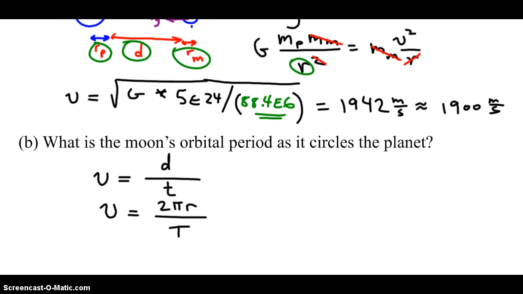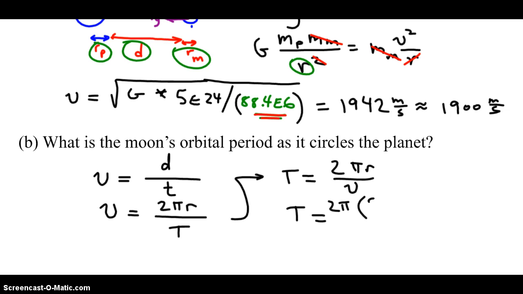So then we solve for t. T is equal to 2 pi r over v. Plug in the value of r from above, 88.4 E6. Over v. So I plug in 88.4 E6. We divide by v.